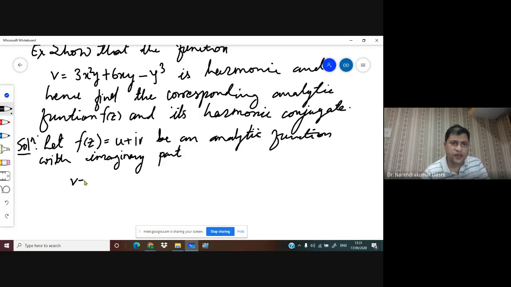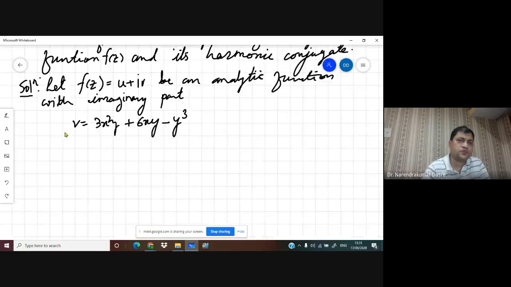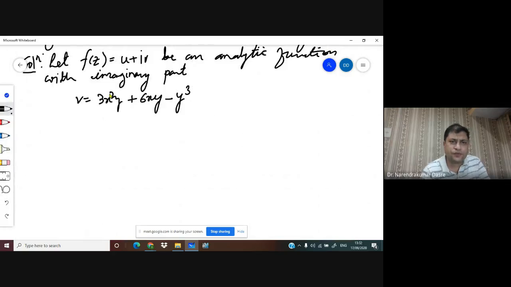The imaginary part v is equal to 3x square y plus 6xy minus y cube.